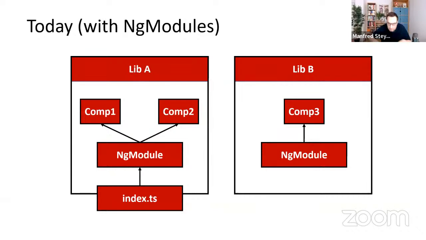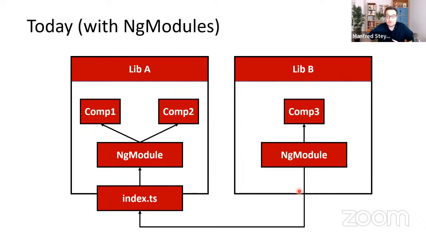You have several libraries in your NX monorepo, and all those libraries have modules. They need modules for technical reasons nowadays, because we don't have standalone components. And if you want to access another library, you need to reference its ng module via the public API, via the index.ts. This is how it works nowadays.